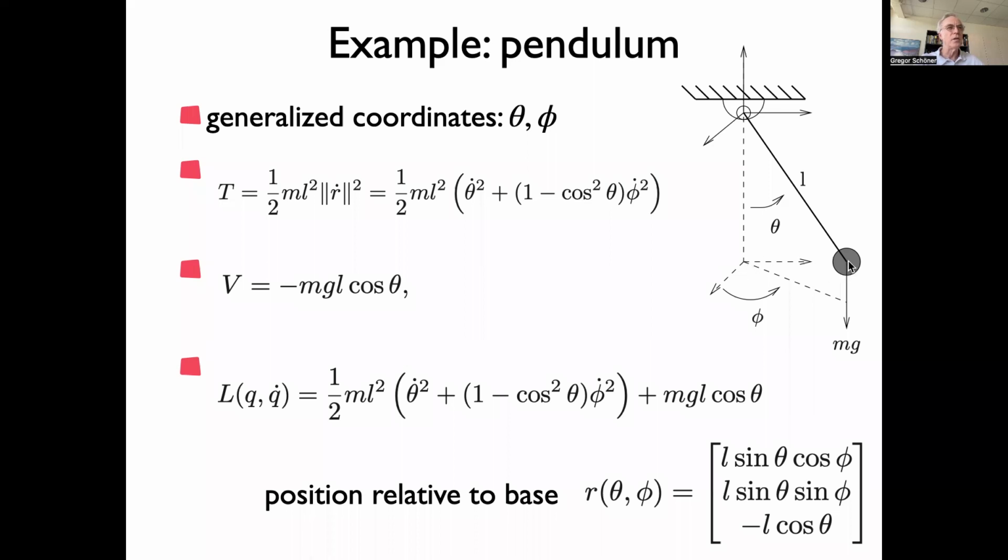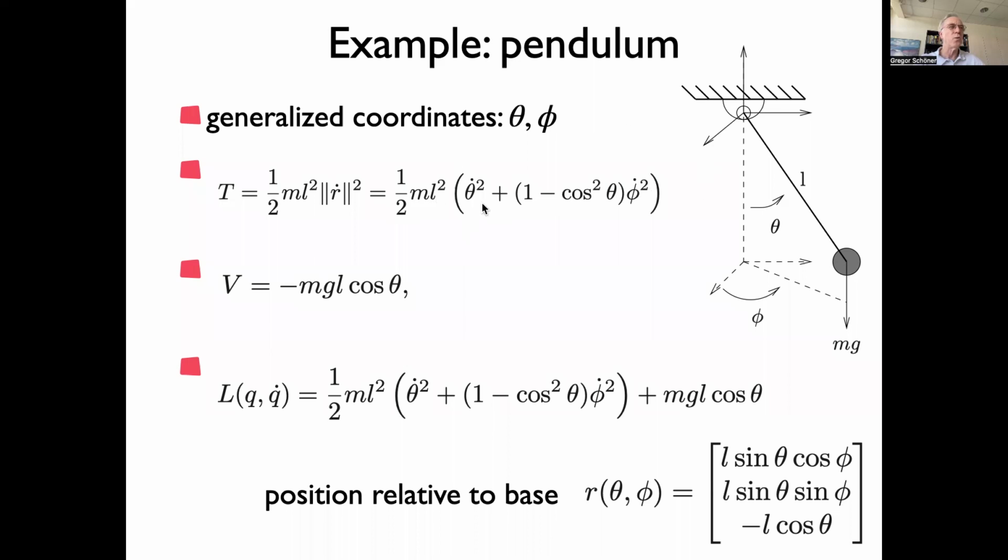This distance here, that would be 1 minus cosine theta. Actually, it's sine squared theta, and then that can be written this way, and then the velocity would be proportional to theta dot, and then these are the velocities squared here.